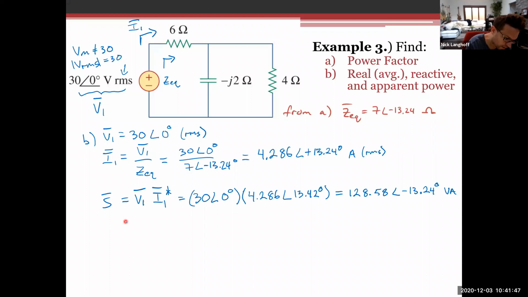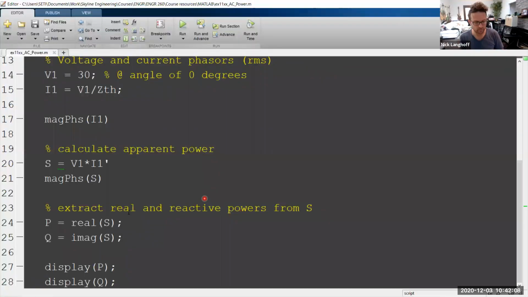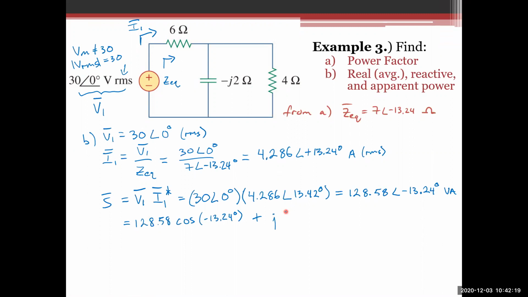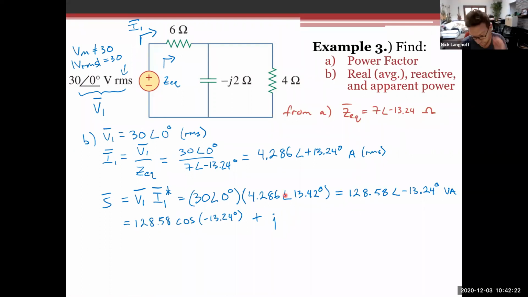So we can then write this as we've just pulled that out. This is 128.58. If you wanted to calculate it by hand, you would put it in like this, times the cosine of negative 13.24 degrees. Okay, right? I just used MATLAB to do this. Extracting the real part is the same as just taking the magnitude and multiplying it by the cosine of the phase angle, plus j times the imaginary part, which is going to be 128.58 times the sine of the phase angle.